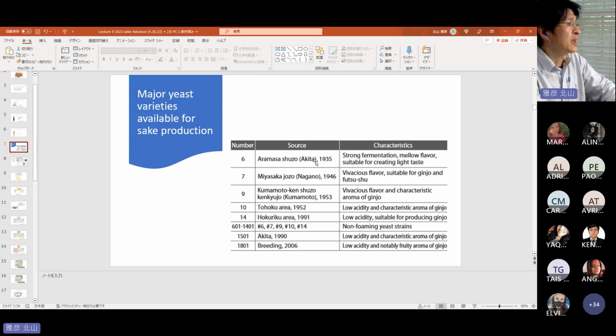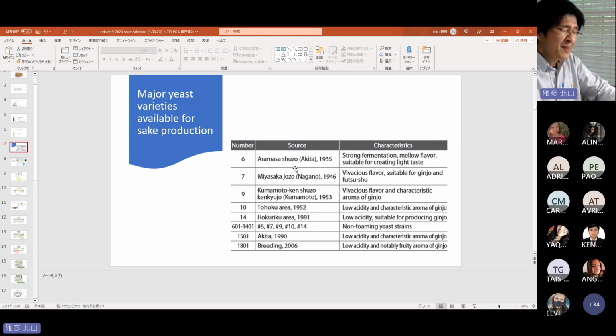Akita is located in the northern part of Japan, Nagano in the center part of Japan, Kumamoto prefecture in the southern part of Japan, Tohoku in the northern part of Japan, Hokuriku in the northern part of Japan, Akita, again Akita.